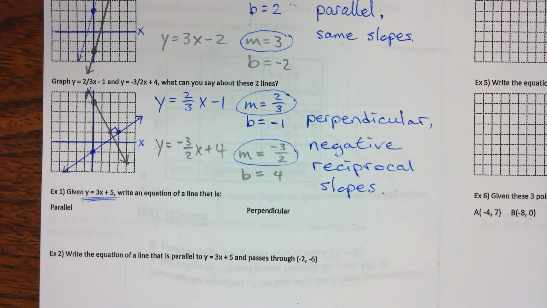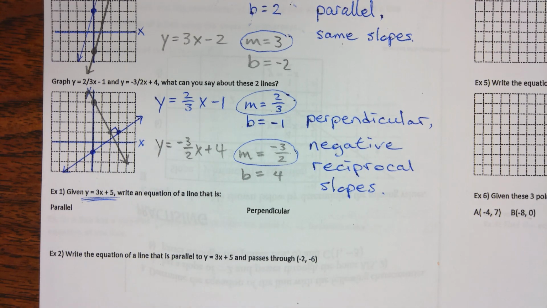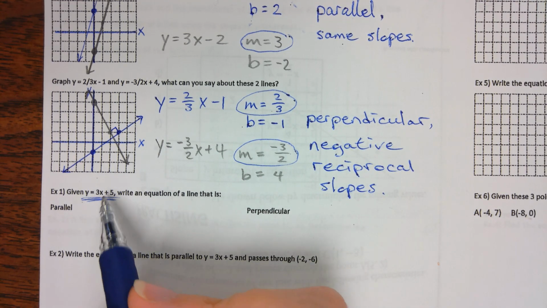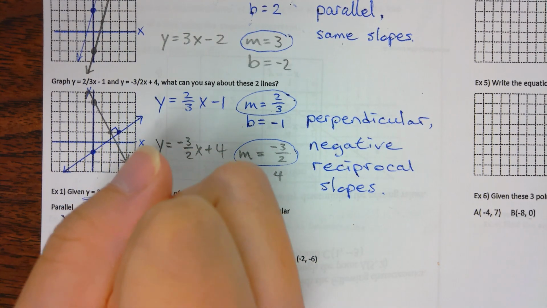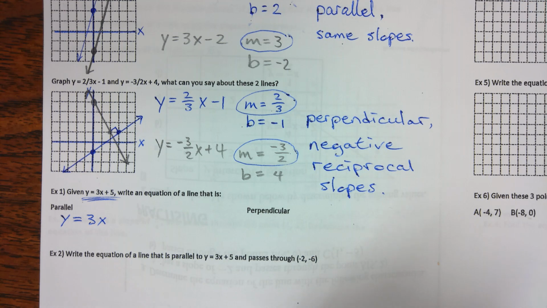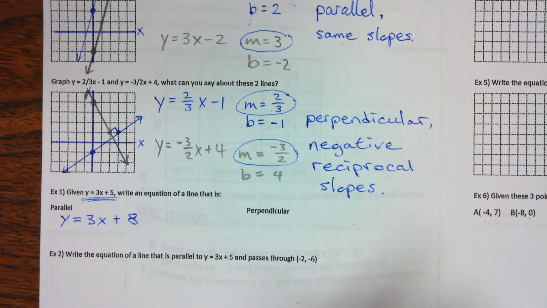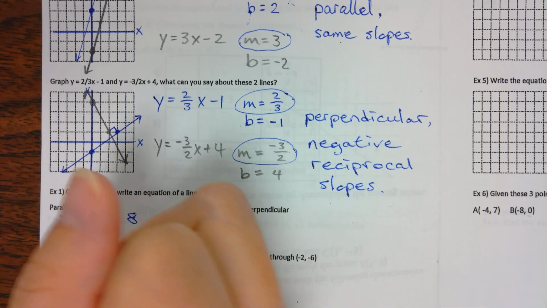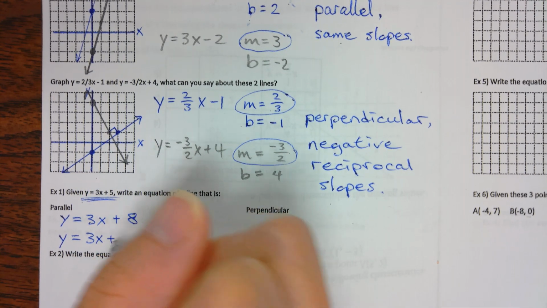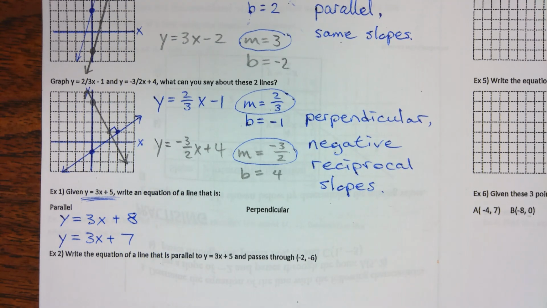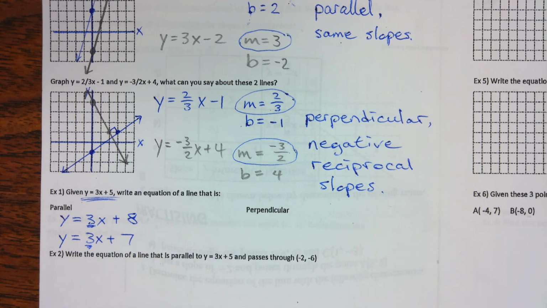I just want to go straight to my answer. Give me another line that is parallel to this. Joshua? Y equals 3x plus 8. Okay, good. What's another one? Stephen? Y equals 3x plus 7. Sure. All right. The key right here is if it's parallel, your slope is the same.